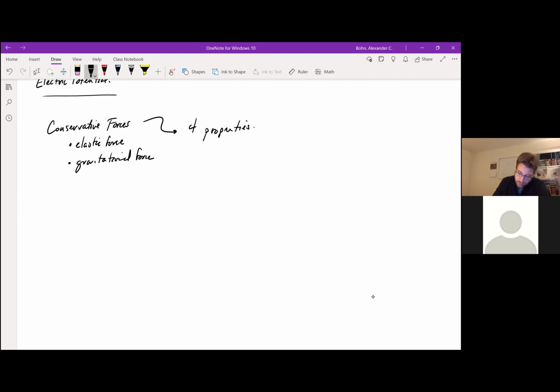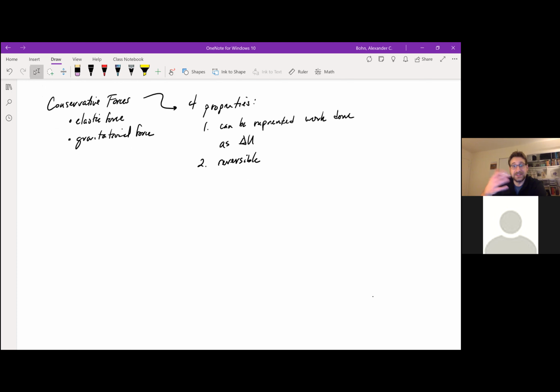The first, perhaps most associated with the word conservative, we can represent the work done by a conservative force as the change in a potential energy function U. Two, it is reversible.